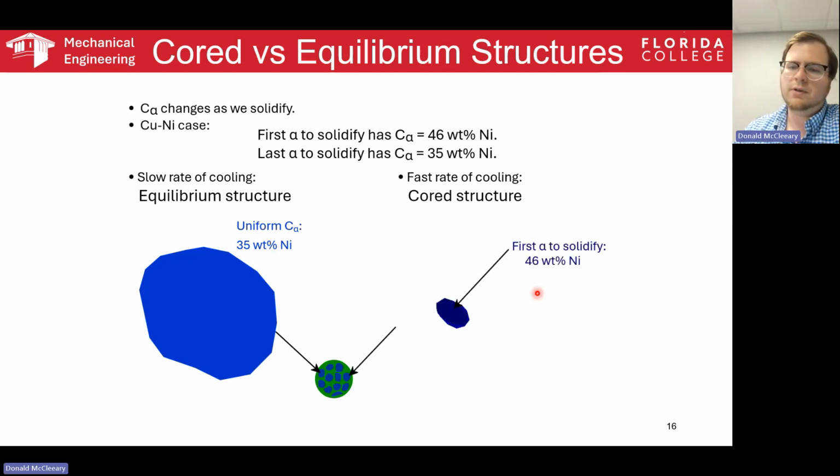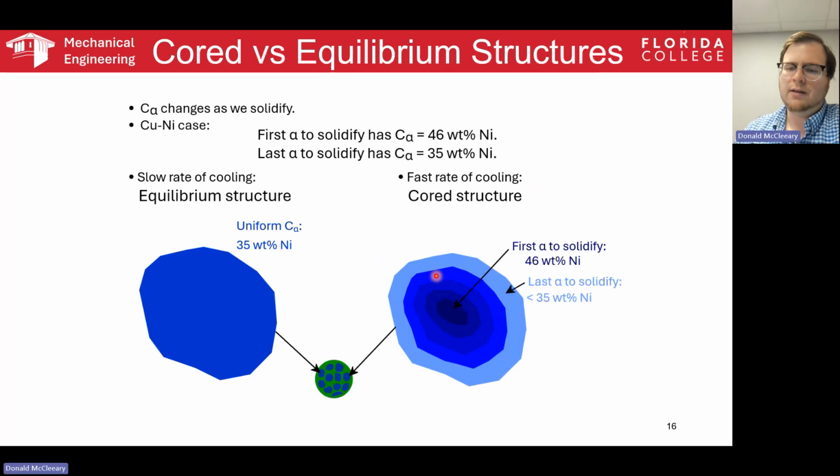So first, you have your first alpha to solidify. Then as it continues to cool down, it solidifies outward. And you'll notice that your concentration in the middle is different from your concentration on the outside.